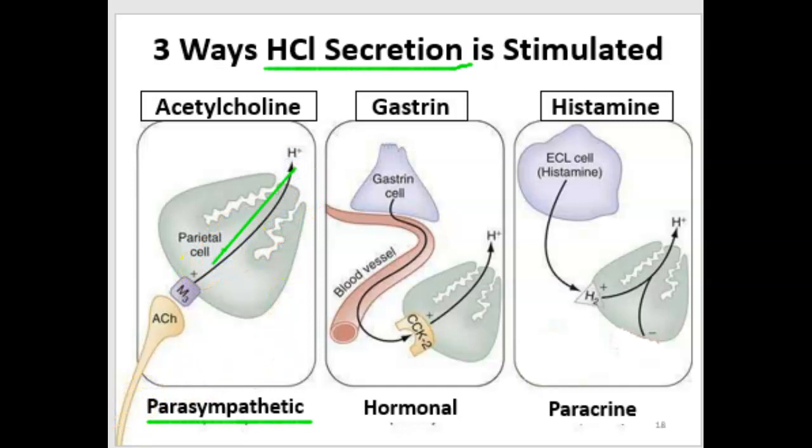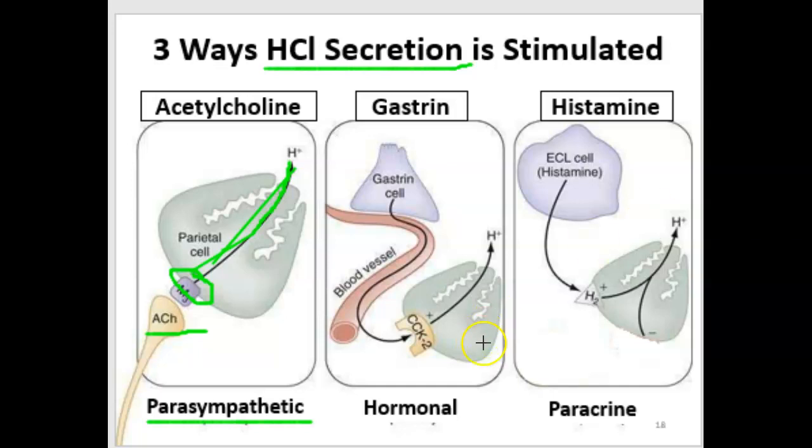Okay? And the parasympathetic neuron releases acetylcholine. Doesn't matter, it binds to a receptor here, and that causes the parietal cell to dump out hydrogen ions and transport chloride ions into the lumen of the stomach.